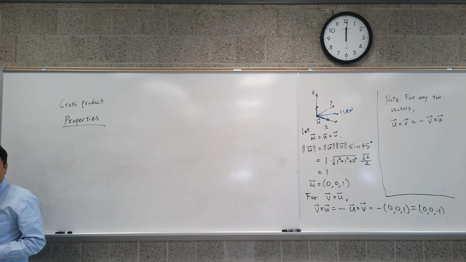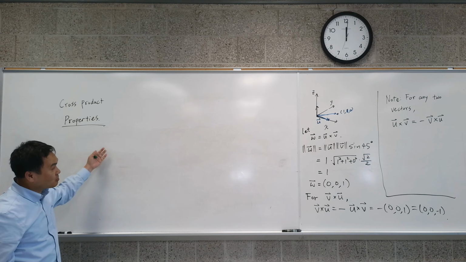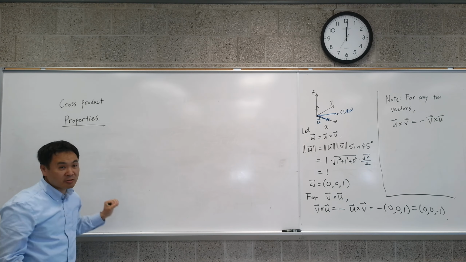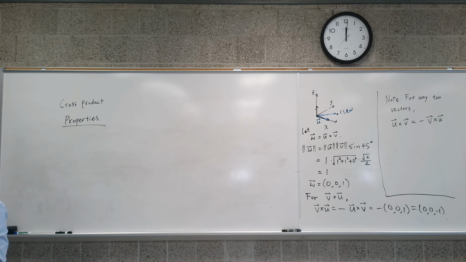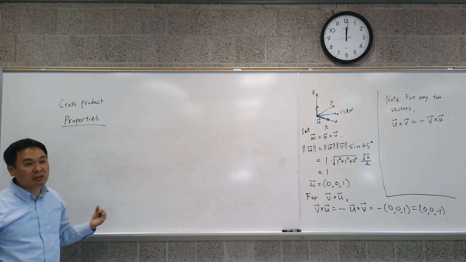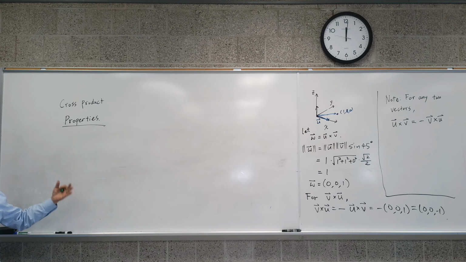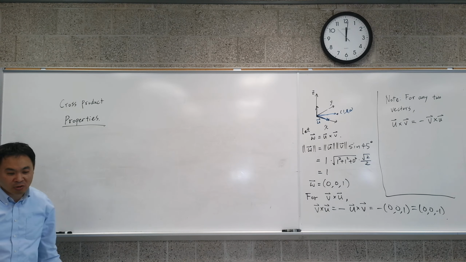If physicists were using this torque or other formulas and the cross product didn't have these extra properties, then mathematicians would have been less interested, and it wouldn't even be a separate section in multivariable calculus.